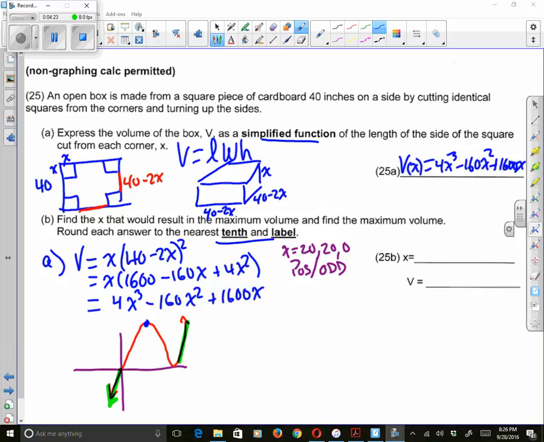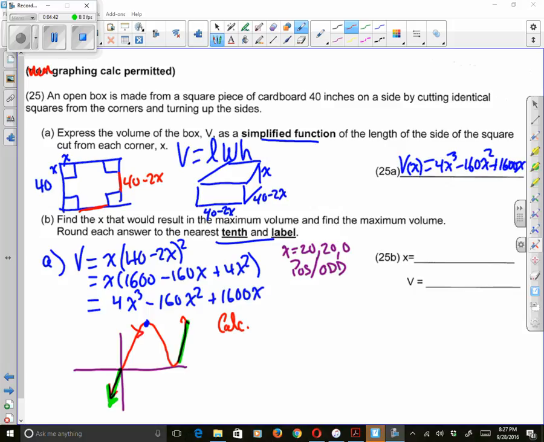And this is where you plug this into a calculator. This should have said graphing calculator permitted. I didn't delete that. Sorry about that. So you're going to use the calc function on the graphing calculator.